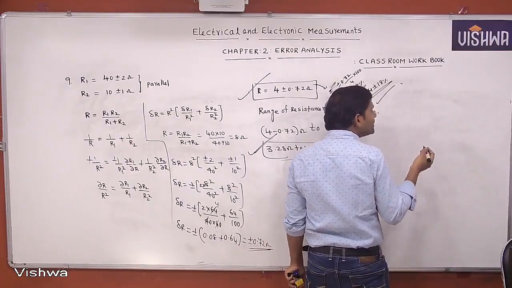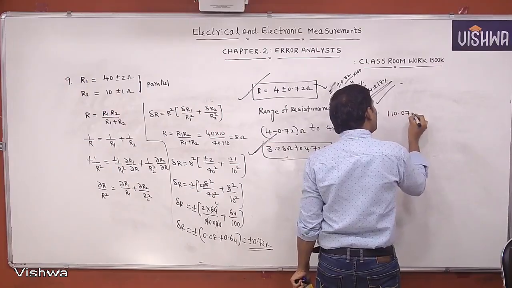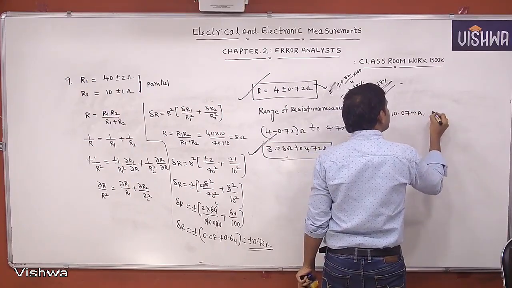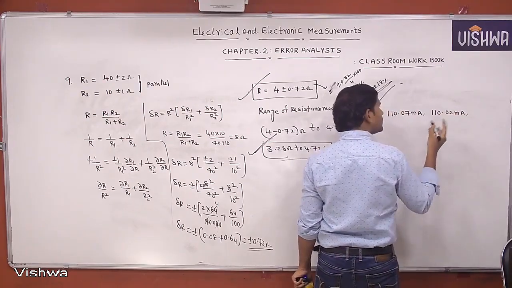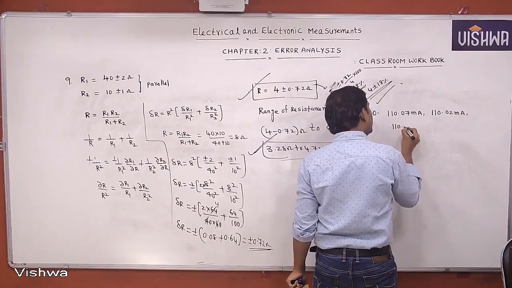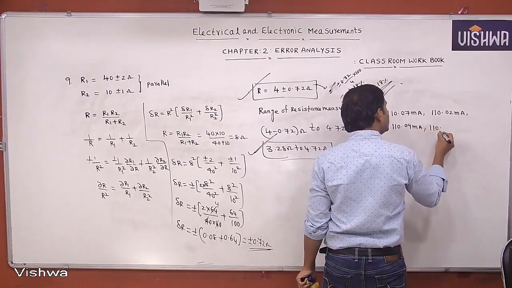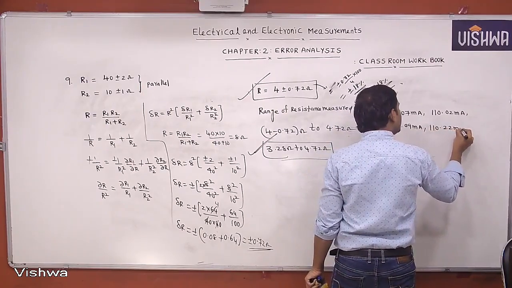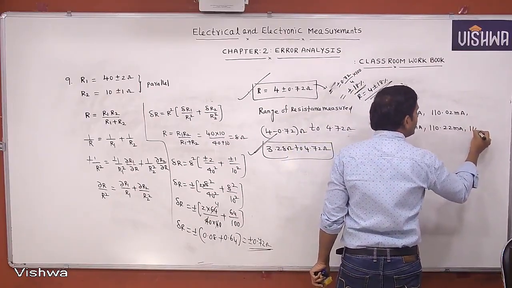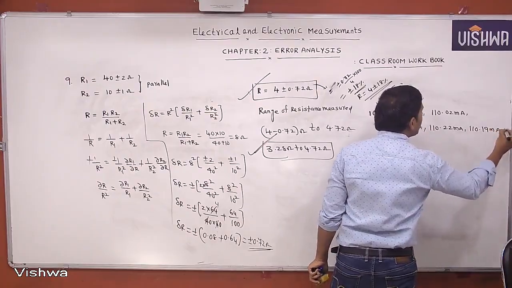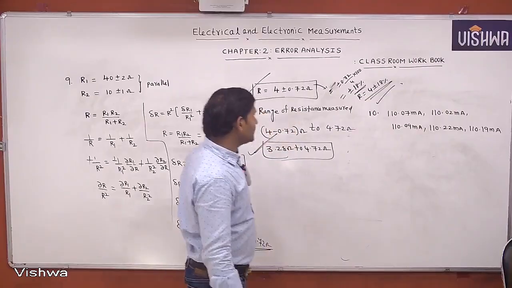A set of readings are measured as 110.07 milliamperes, 110.02 milliamperes. Next, what is given? 110.09 milliamperes, 110.22 milliamperes. Then what is given? 110.19 milliamperes. This is the set of readings given. Then you want to calculate the range of error. This is the question asked.